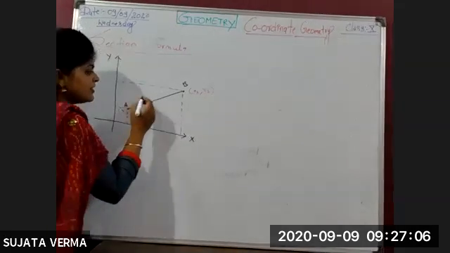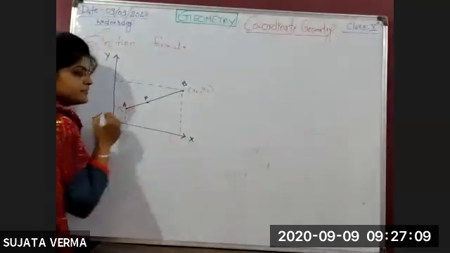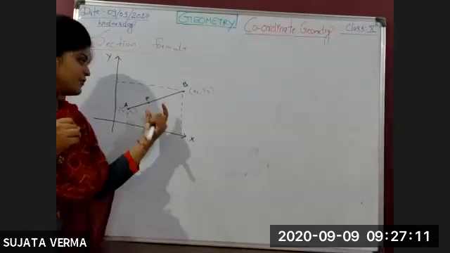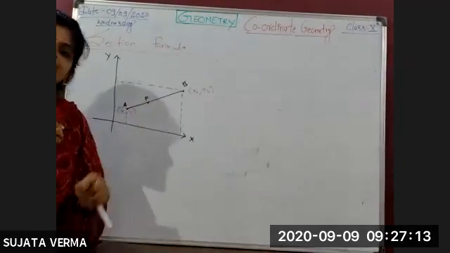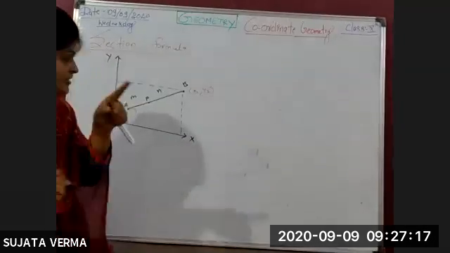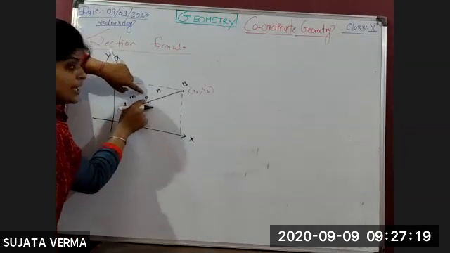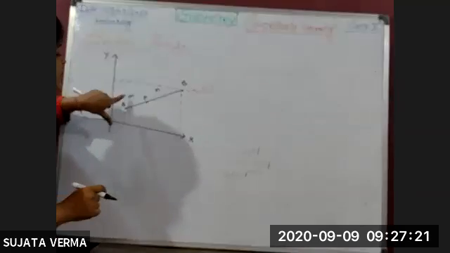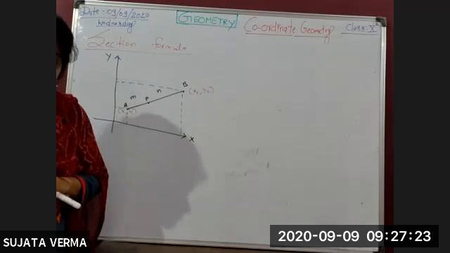Here we take one point P which divides the line segment AB in the ratio m:n. Listen, I said P divides the line segment in the ratio m:n.